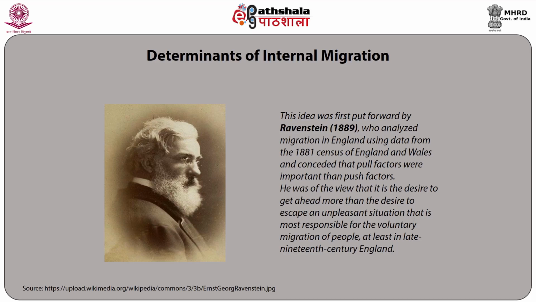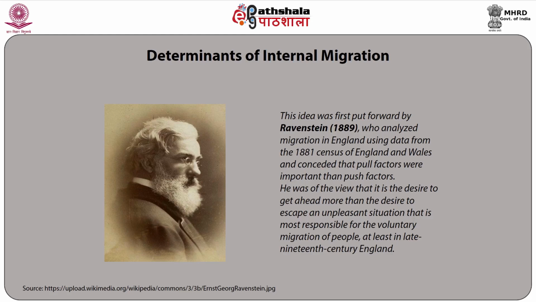This idea was first put forward by Ravenstein in 1889, who analyzed migration in England using data from the 1881 census of England and Wales, and considered that pull factors were more important than push factors.